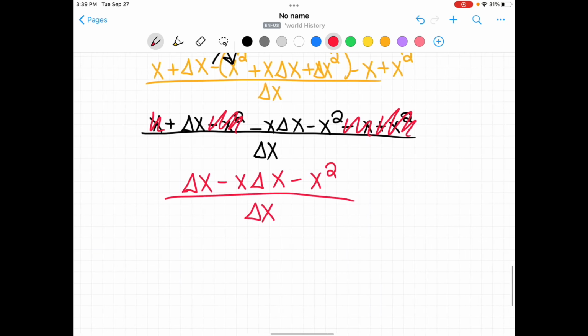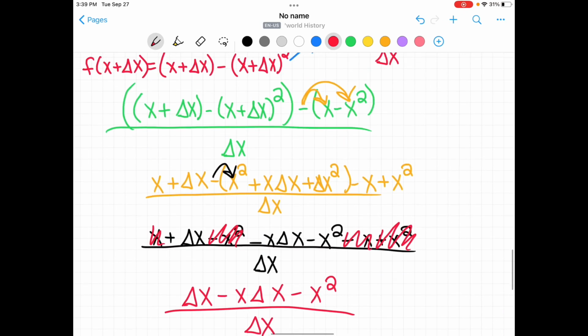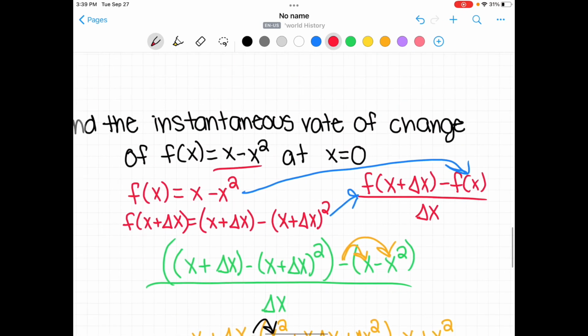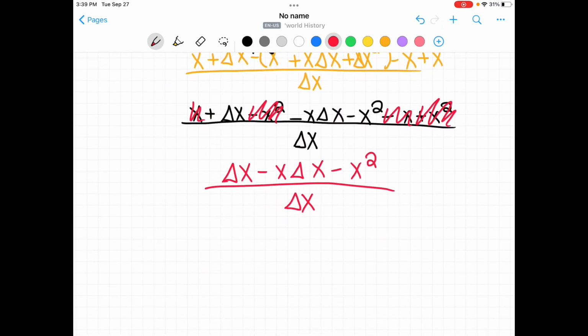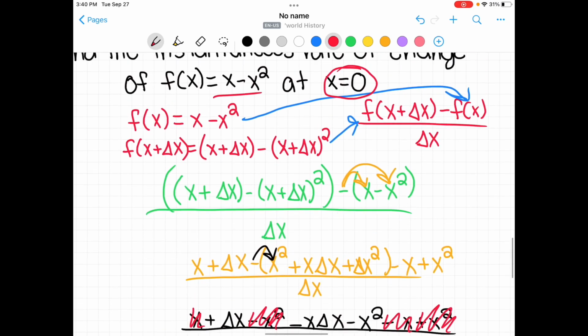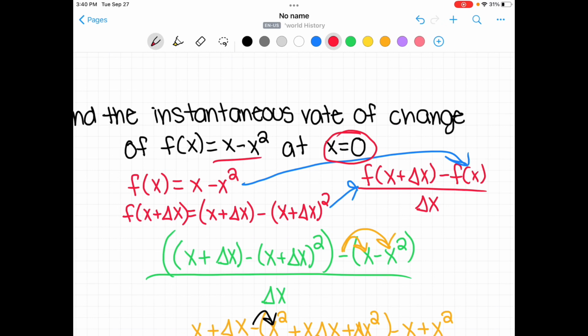And now we are going to come back up here and substitute in x for 0. Let's go ahead and change 0 for -1, just because I think that'll be a little bit easier.